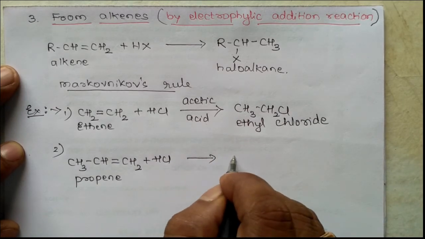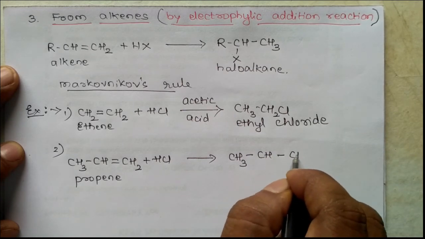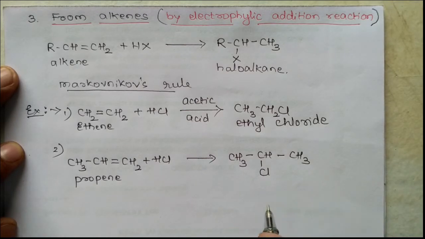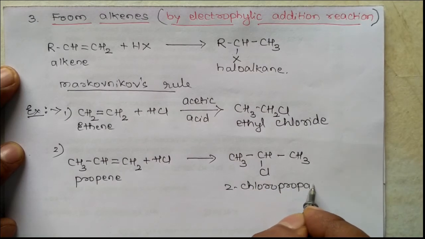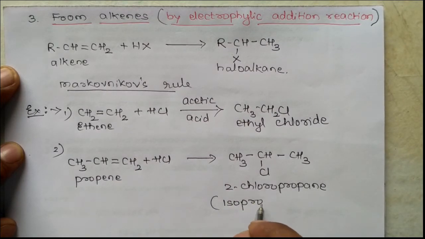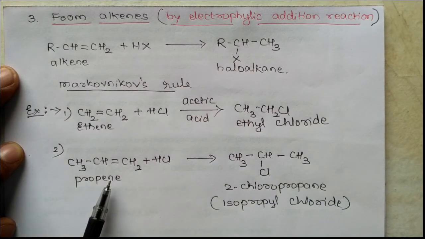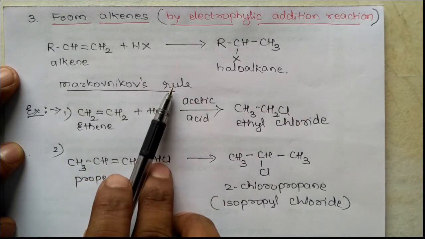You are going to get CH3CH(Cl)CH3, that is 2-chloropropane or isopropyl chloride. This is the major product. As this is an unsymmetrical alkene, the addition of hydrogen chloride takes place according to Markovnikov's rule.